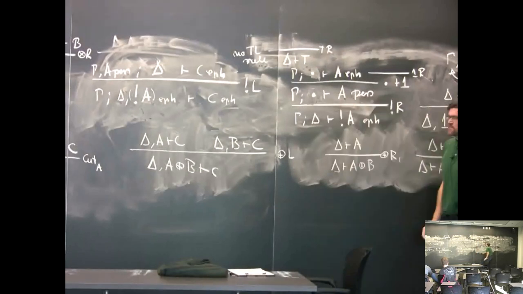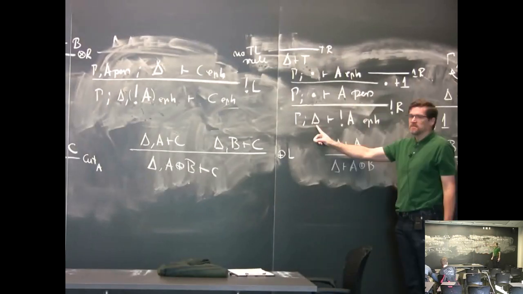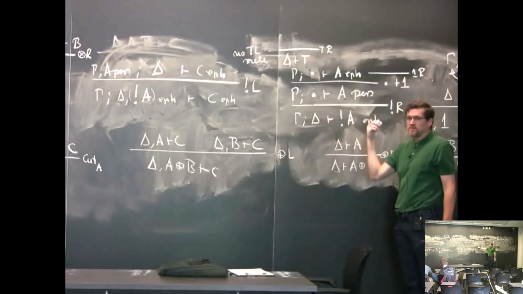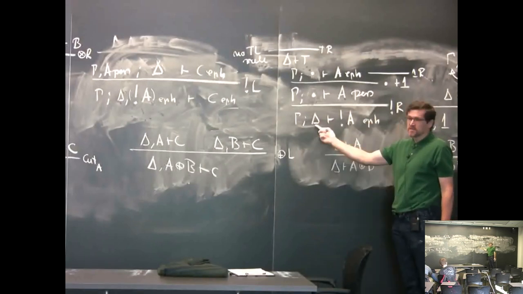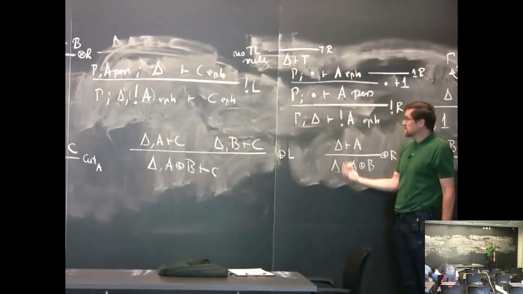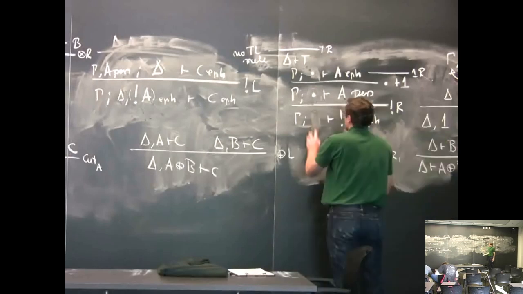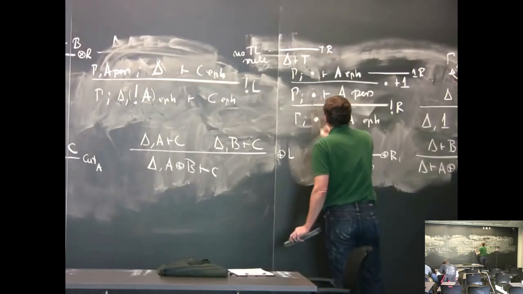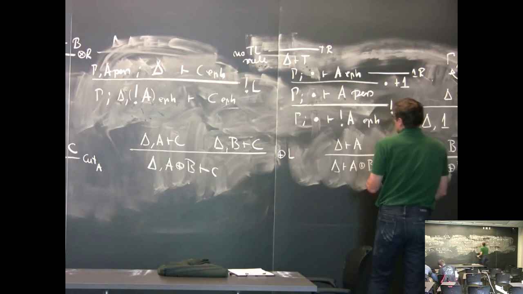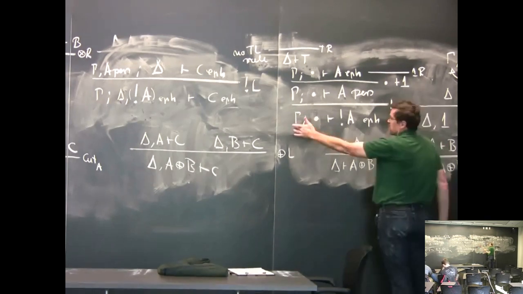Okay. So what about this delta here? Well, that also has to be empty, right? Because I have to use every assumption, every resource, exactly once. If I just dropped it on the floor here, I would not use any of these resources at all. But I'm required to use them, so this has to be empty to start with. So I can prove, of course, A only if I have no resources.